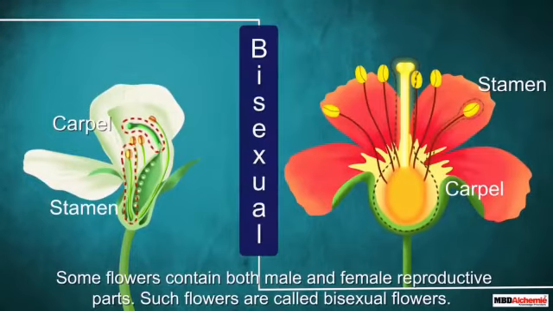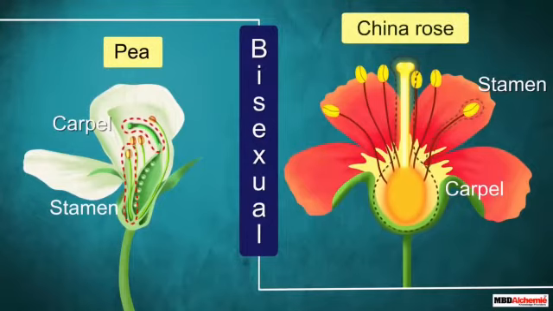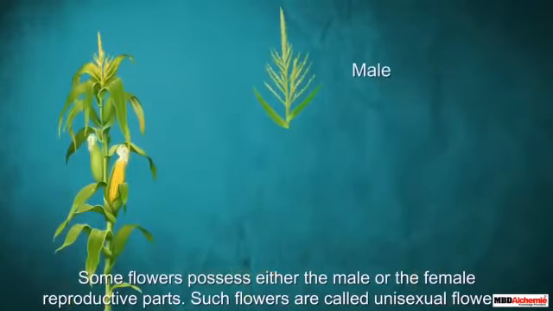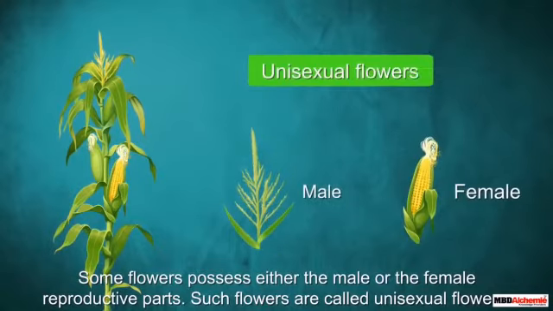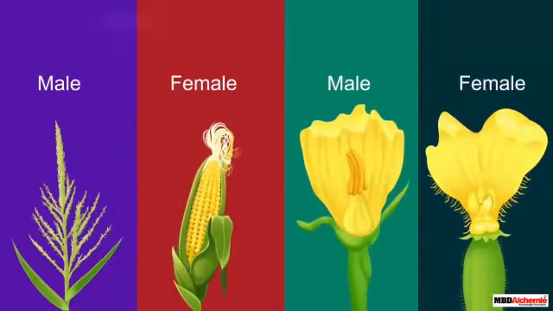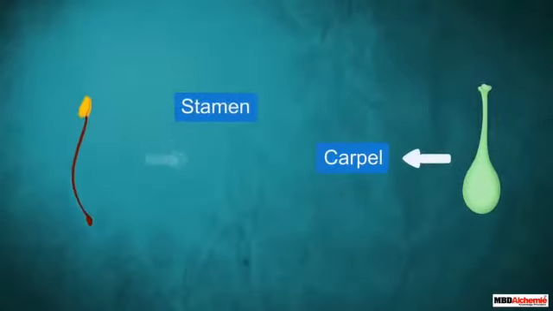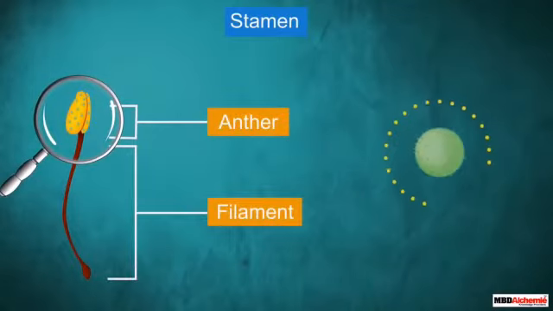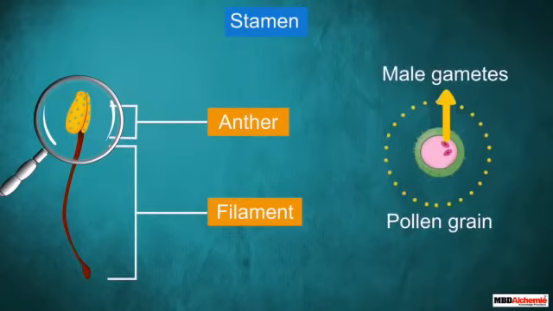Such flowers are called bisexual flowers. For example, pea, China rose, etc. On the other hand, some flowers possess either the male or the female reproductive parts. Such flowers are called unisexual flowers. For example, corn, cucumber, etc. Now let us know about the different parts that make up a stamen and a carpel. A stamen is made of two main parts, anther and filament. The anther produces pollen grains. It is the pollen grain that contains the male gametes.